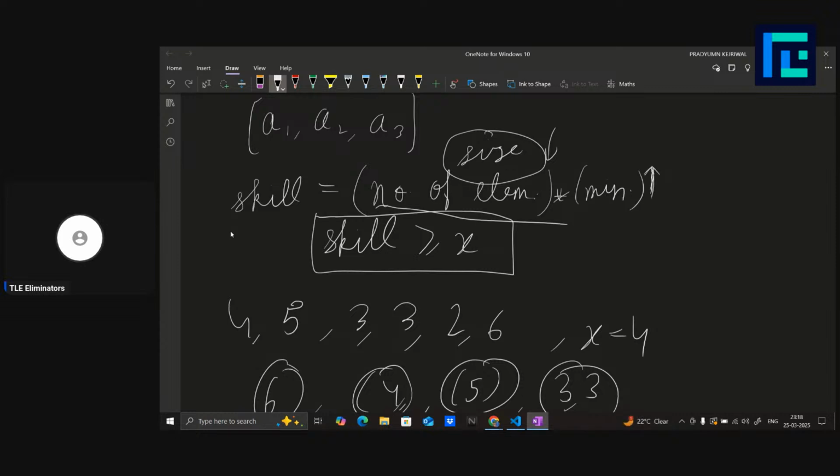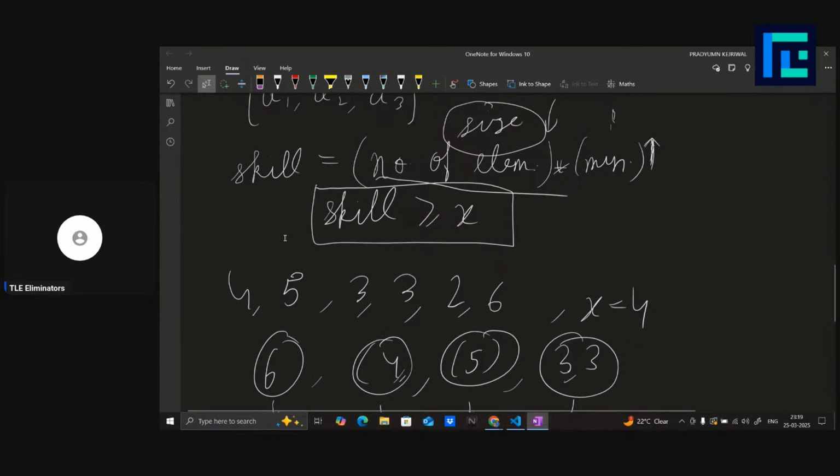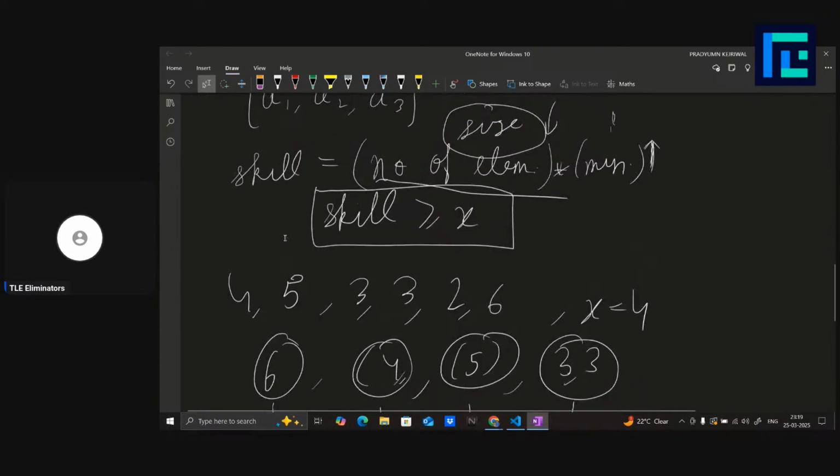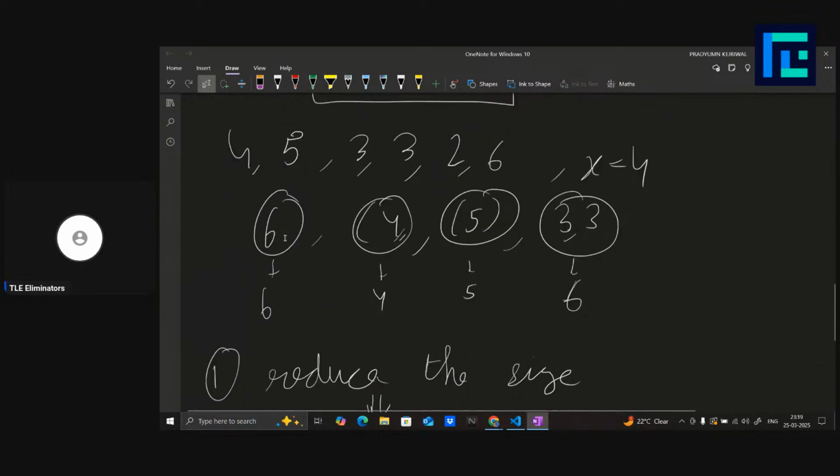In that case only can we decrease the number of elements. So my point is that we try to take as high-skilled members as possible. Like greedily, we'll try to choose a high skilled member, so that the number of members in that team goes down.